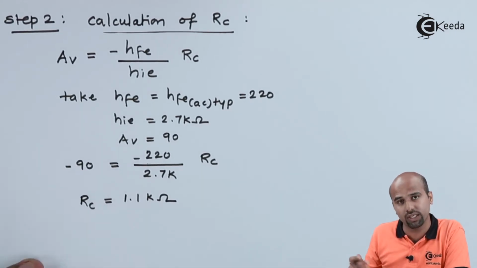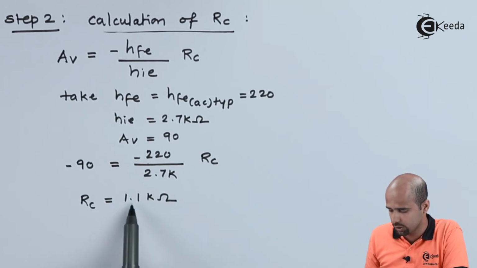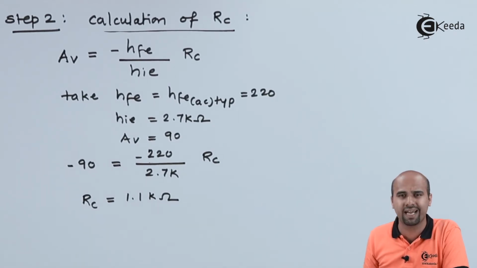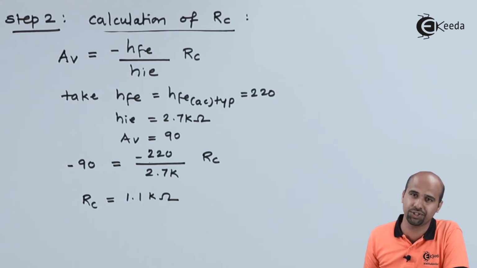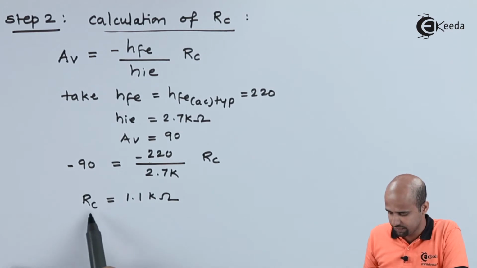But I have to take it on the higher side, because if we take RC equal to 1.1 kilo ohm, I'll get the exact value of 90, and with voltage and environmental variations I can get a value of AV which is just below 90. So to enhance the voltage gain, we will use RC on the higher side.